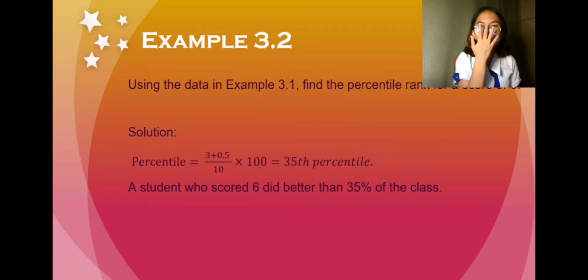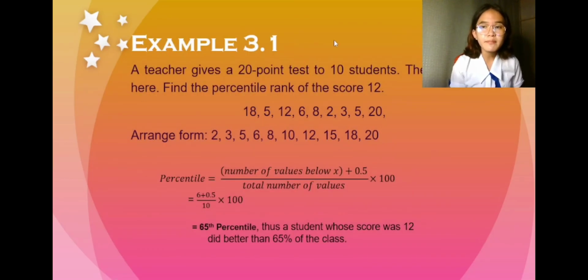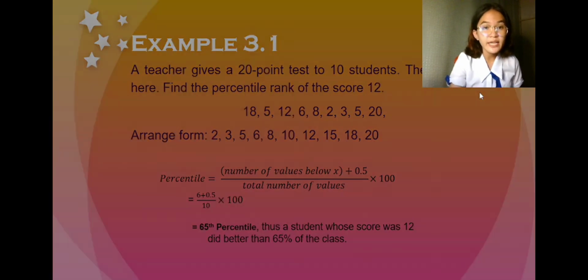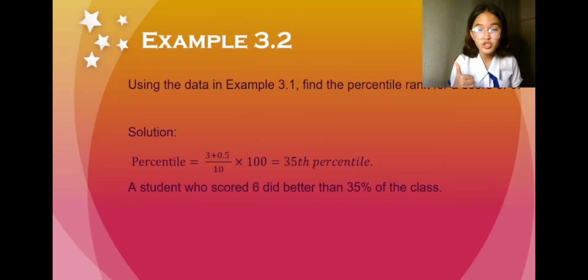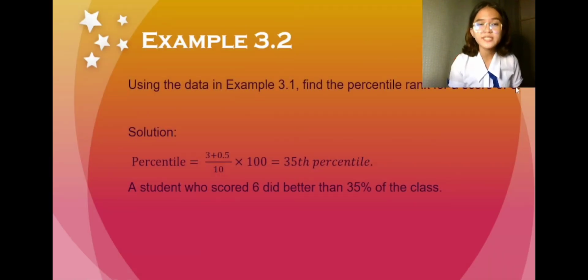So another example, so that we can understand better. Using the same data we used earlier, but another example so we can understand better. Now find the percentile rank for a score of 6. So earlier the score was 12, now our problem is 6. Solution: use the formula. And this time it is 3 class. Of course, we divided by 2.